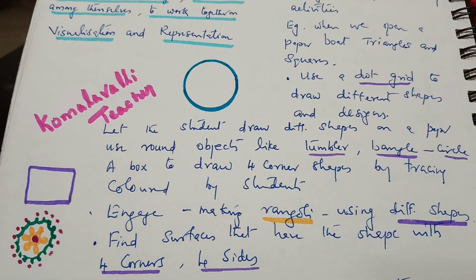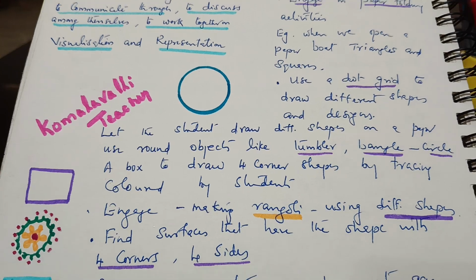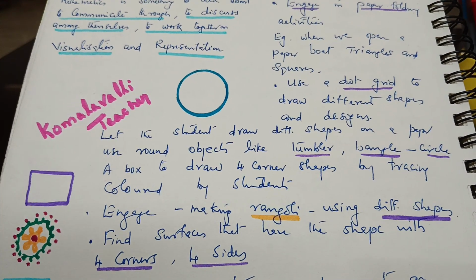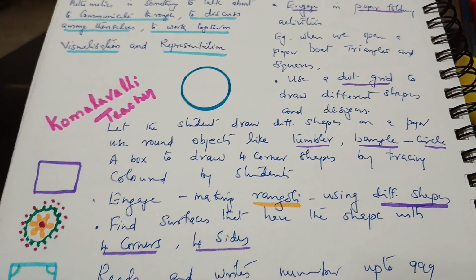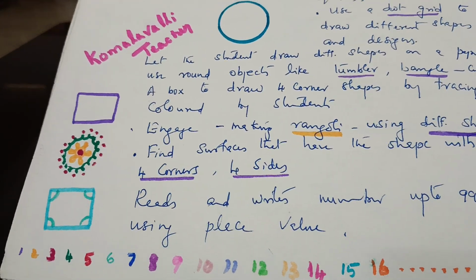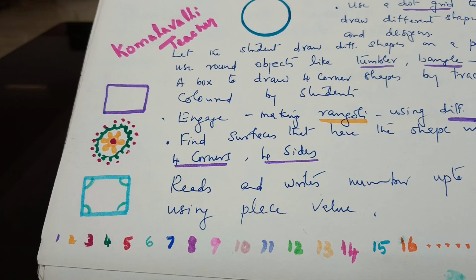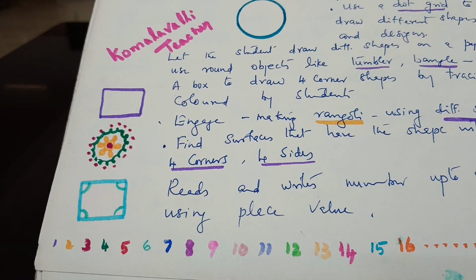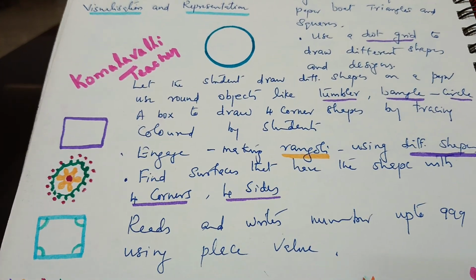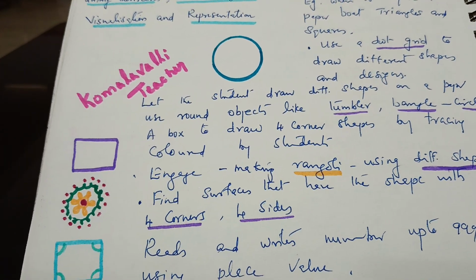Engage in making rangoli using the different shapes. Find surfaces that have the shape with four corners, four sides. Reads and writes numbers up to 999 using place value. So these are some of the activities the students can do as exploring things.